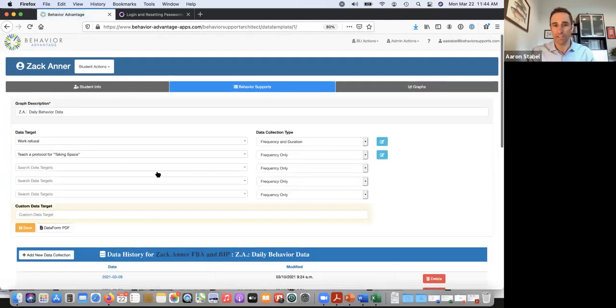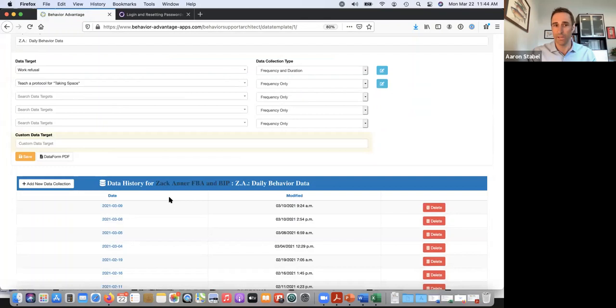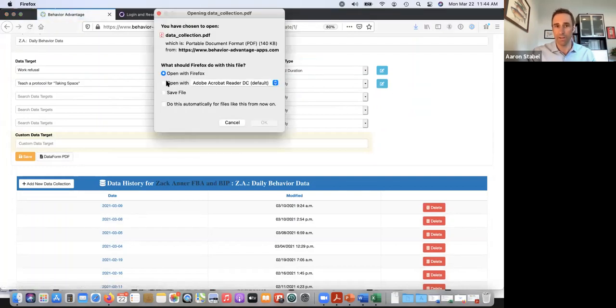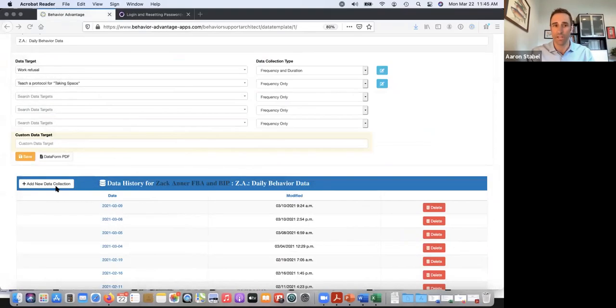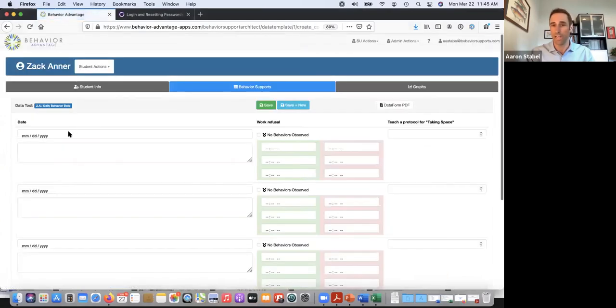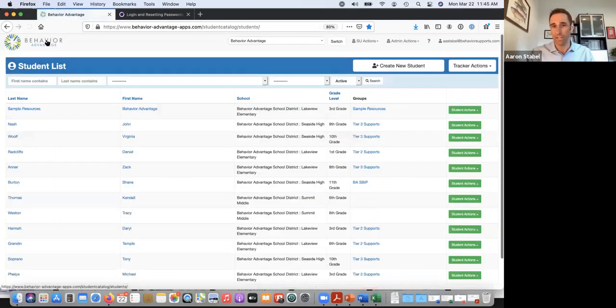If I create a data collection tool specific to his simple BIP, I automatically in Behavior Advantage get a customized data collection form that I can print out and hand to paraprofessionals or teachers, and they can fill this information out, or they can go directly into Behavior Advantage and enter it themselves: date, start time, stop time, frequency count, and then all of that gets populated and used for progress monitoring. We have other data collection tools around check-in, check-out, self-management, behavior-anchored rating scales.